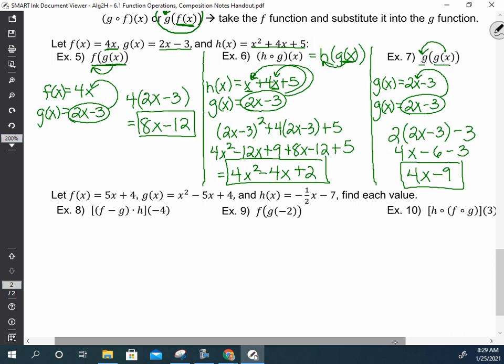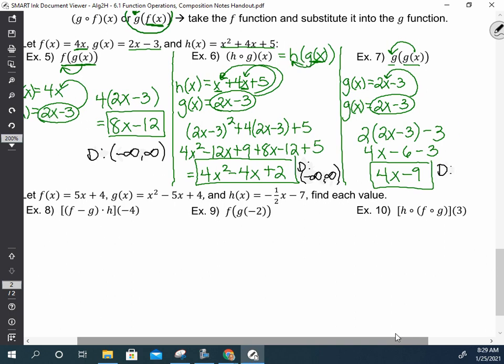So none of these are fractions, so your domain would all be all real numbers. So if the problem doesn't ask you for the domain, don't worry about it. But do know that unless you have that fraction in there, your domain's all real numbers. Any questions? 5, 6, or 7?